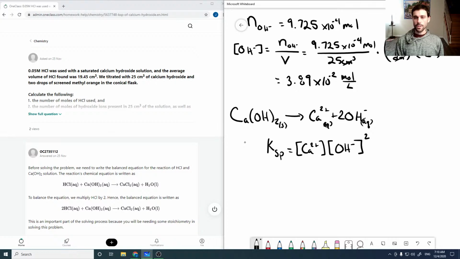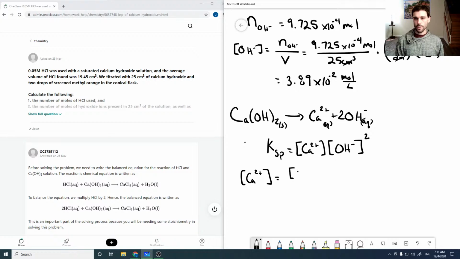We have our concentration of OH minus, but from our balanced equation, we can see that our concentration of OH minus will be double that of calcium 2 plus, or our calcium 2 plus will be half that of OH minus.